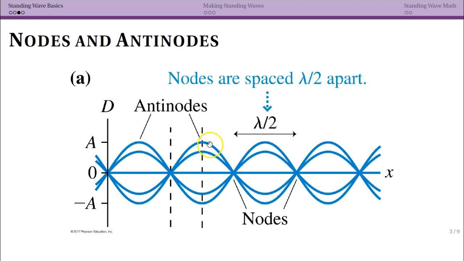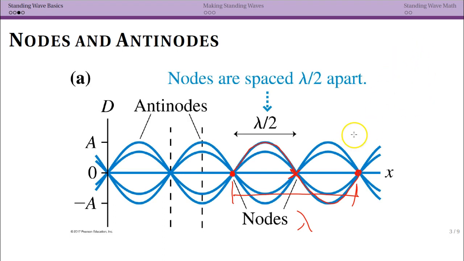These maxima are called antinodes. And the spacing between nodes is actually the wavelength divided by 2, not the wavelength. But the reason for that is to remember that your wavelength is an up and a down. So you do have spacing between these points, which is lambda, but you actually have another node in the middle, which is why it's lambda over 2.